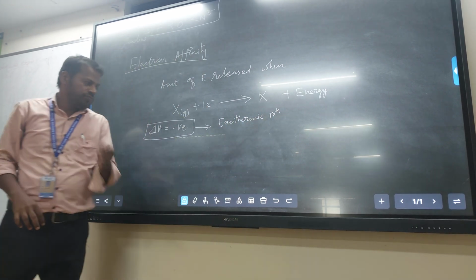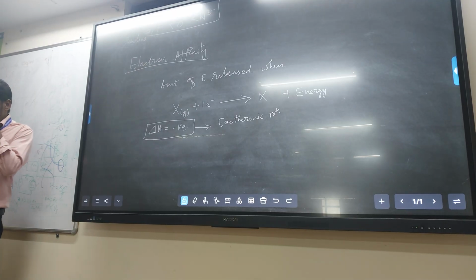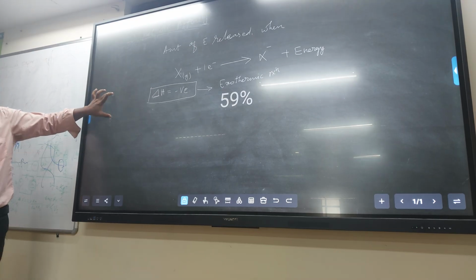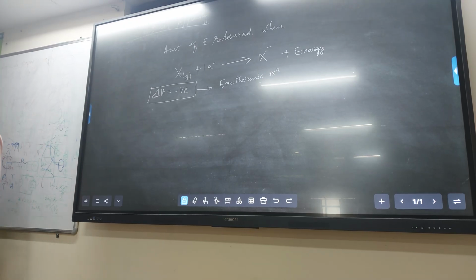This is for the first addition of electron. Similarly, the first ionization energy is an endothermic reaction, that is, the first removal of the electron. When we come to successive ionization energy, it won't follow the endothermic pattern. So this is the general trend.